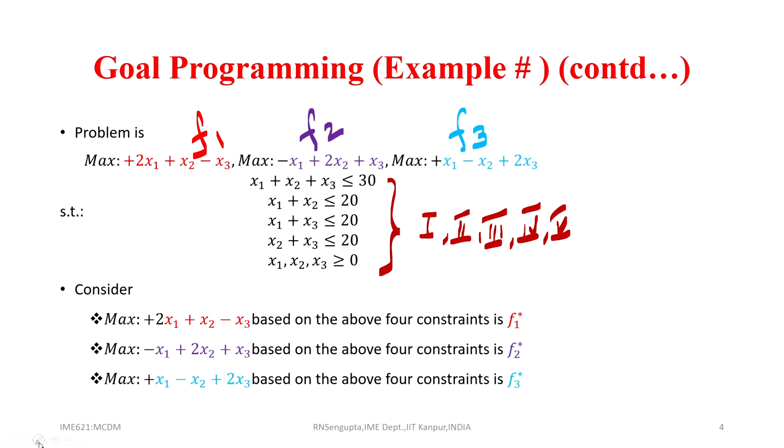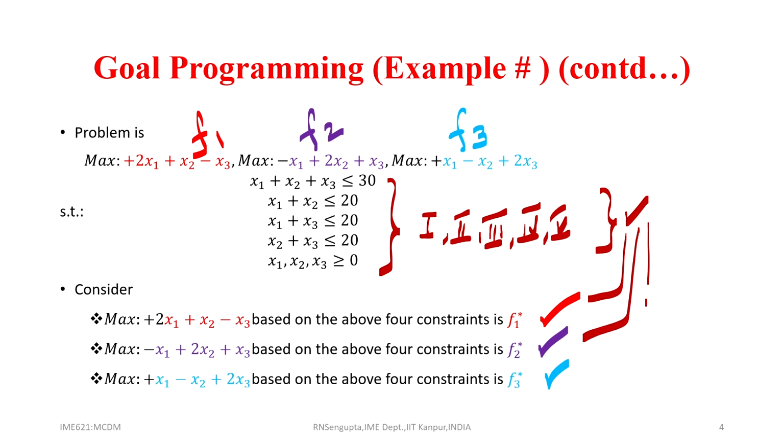For the single objective cases, F1 star would be the max value for F1, F2 star the max value for F2, and F3 star the max value for F3. The constraints are the same as shown here, applicable for case 1, case 2, case 3.